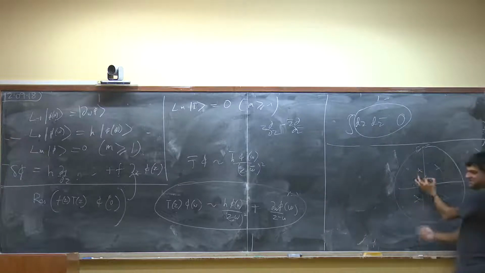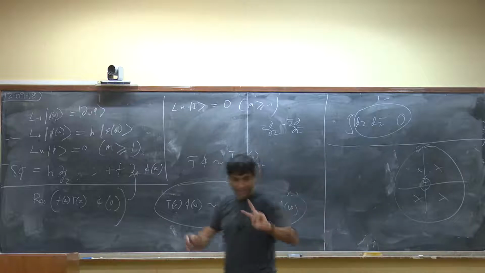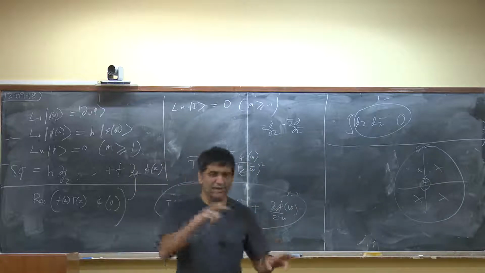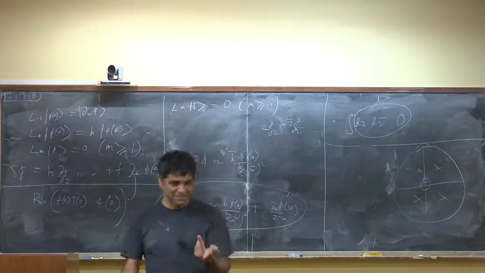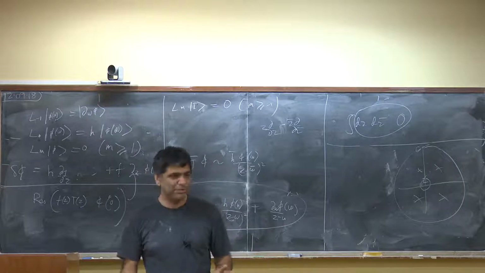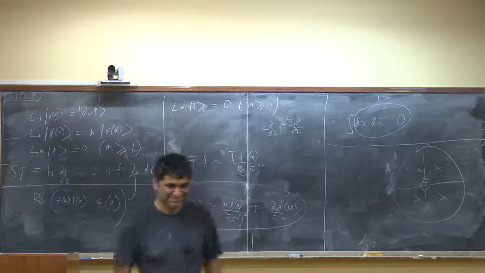This is going to be 0 because the identity operator is annihilated by, and remember L minus 1, L0 and L1 under inversions, under z goes to minus 1 by z, map to L1, L0 and L minus 1.